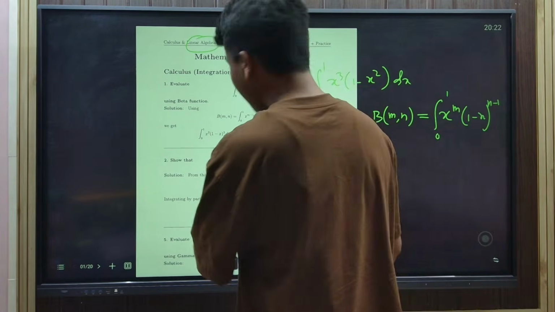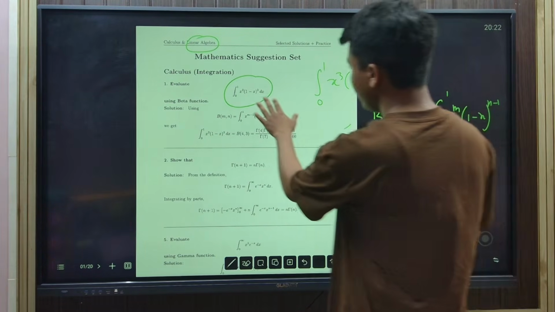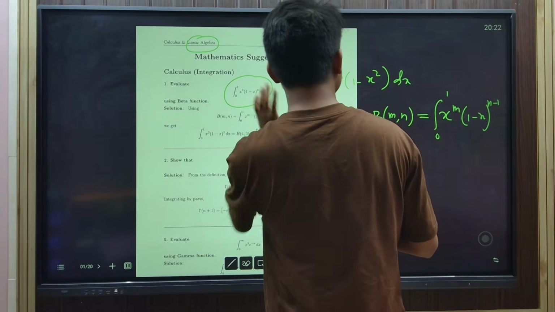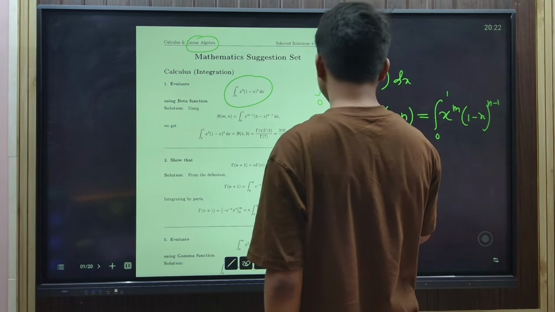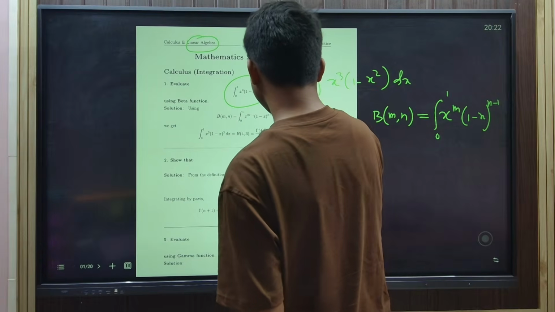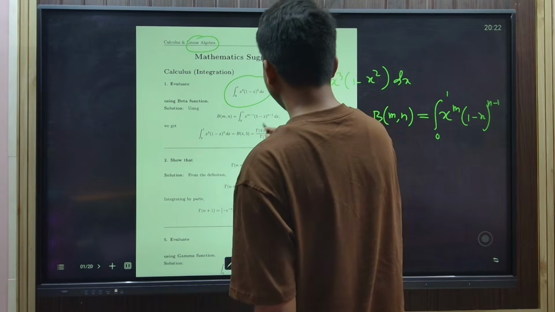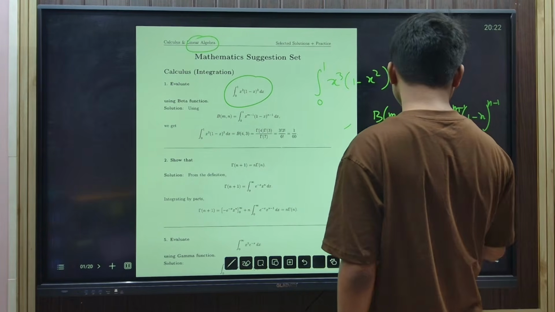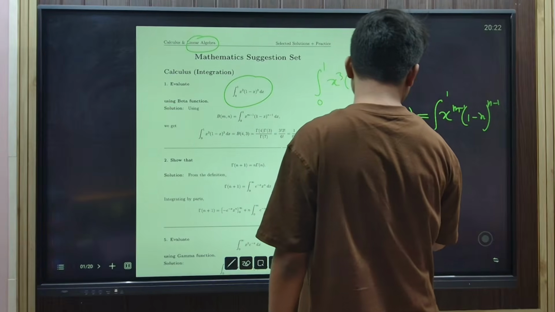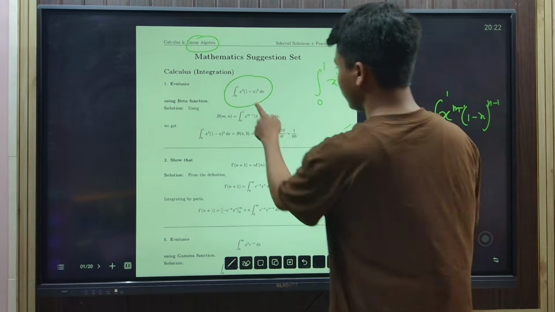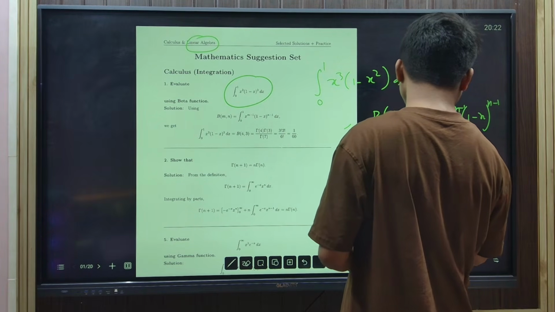See, clearly x cube is here, so m minus 1 equals 3, and n minus 1 equals 2. So m equals 4 and n equals 3.